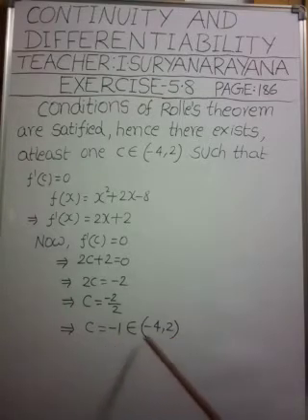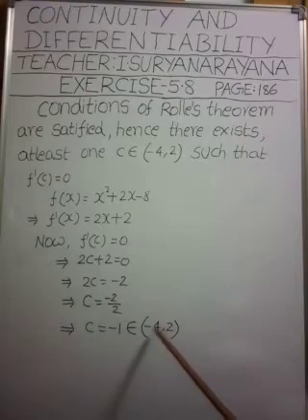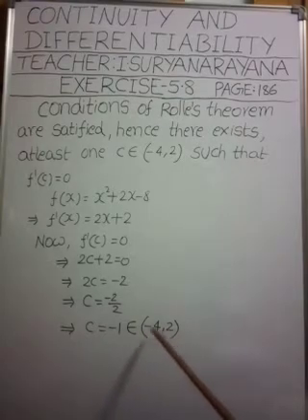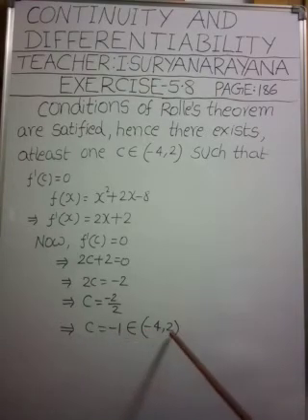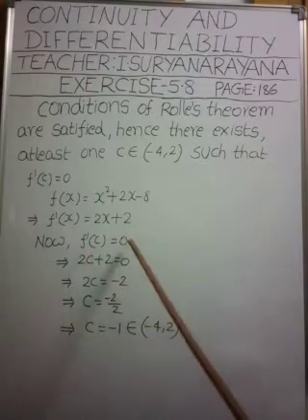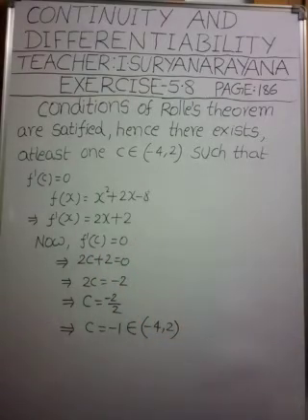This real number lies between minus 4 and 2, isn't it, my children? So we have found a real number c between -4 and 2 such that f'(c) is equal to 0. So Rolle's theorem is verified, meaning we have found the value of c. Understood, my children?